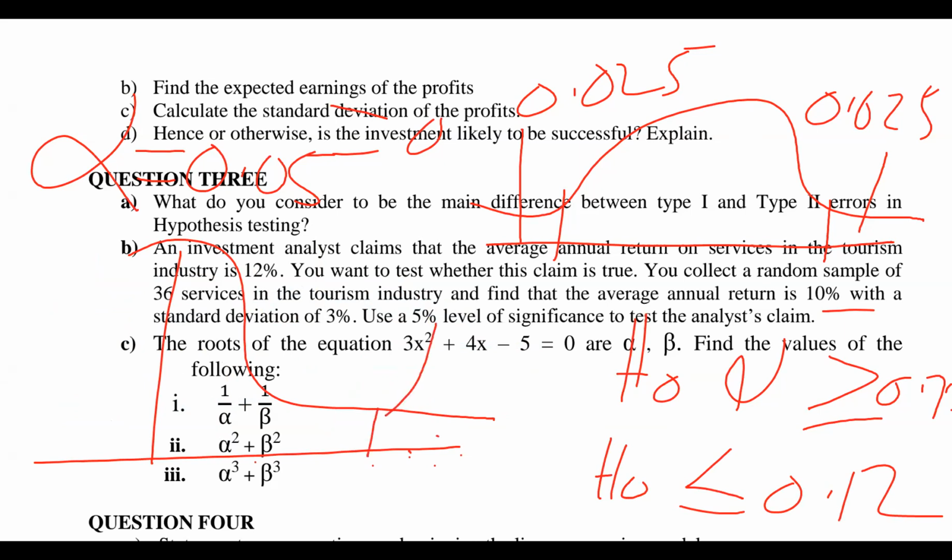So your alpha of 0.05 shall not be divided by 2 if it is single-tailed like this one, which is skewed to the right, because you're talking about something greater than. Now, more than is the same as at least. If they say the mean is at least a given number, it means it is greater than or equal to that number.